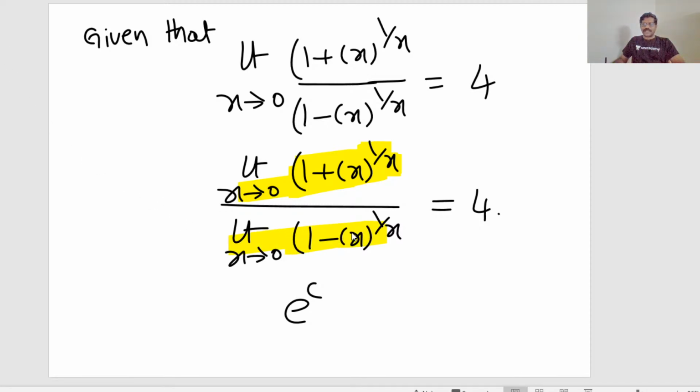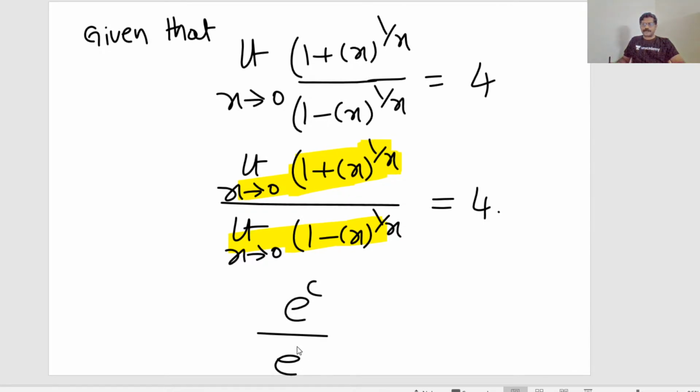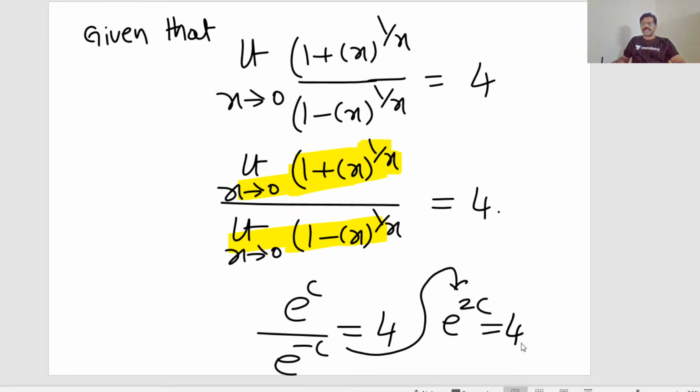Denominator is e power minus c, equal to 4. That is e power 2c equal to 4. That is the conclusion we got from the given statement.